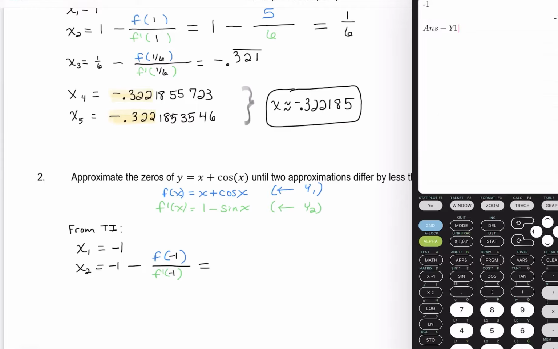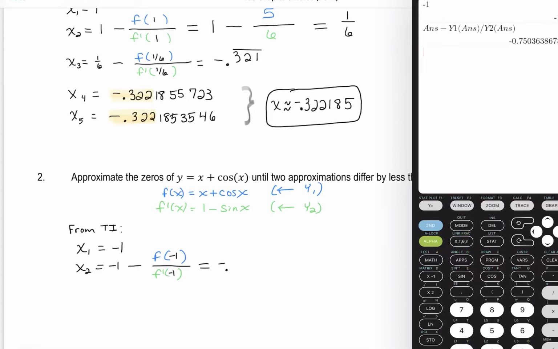It recognizes function notation, so left parenthesis, and then second answer, close parenthesis, divided by, and now for f prime, it's the vars menu, arrow to the right to y vars, 1 on function, and 2 for y2, because that's where f prime is stored. Again, the parenthesis, second answer, and then close parenthesis and hit enter.